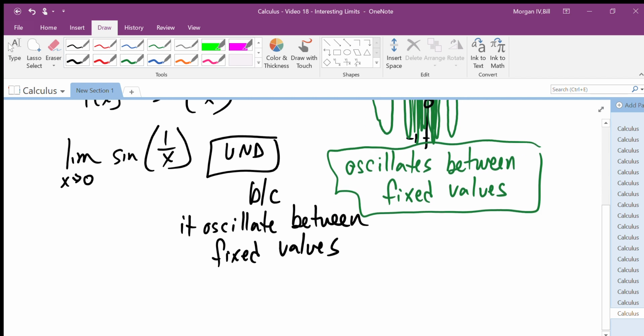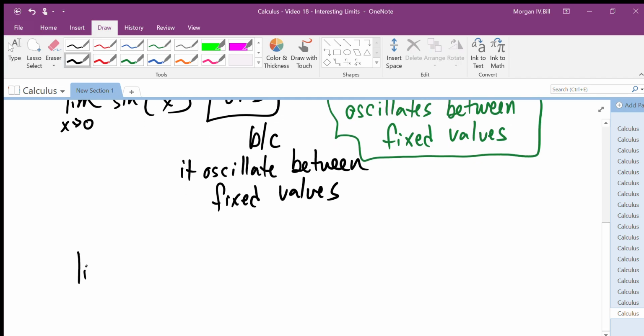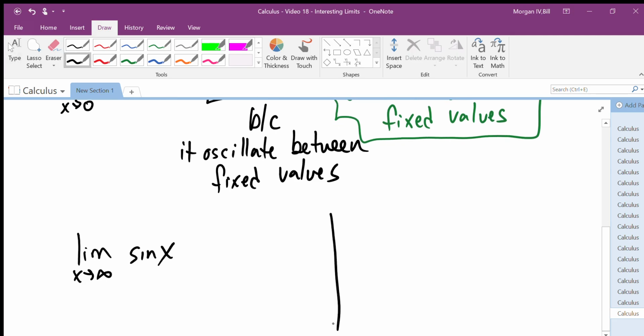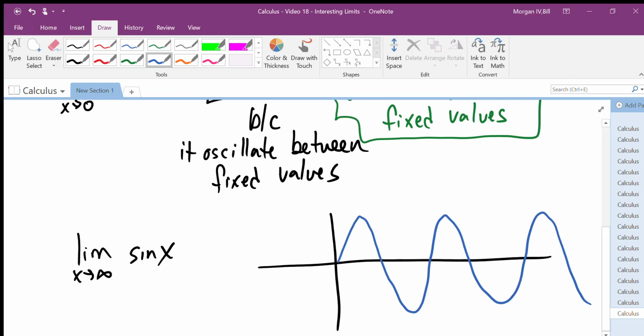This is actually also the case if we take a look at the limit as x goes to infinity of just sine x. Just your normal sine wave looks something like this. As x goes to infinity, does this curve go to a particular y value? No, it always goes up to +1, it always goes down to -1.